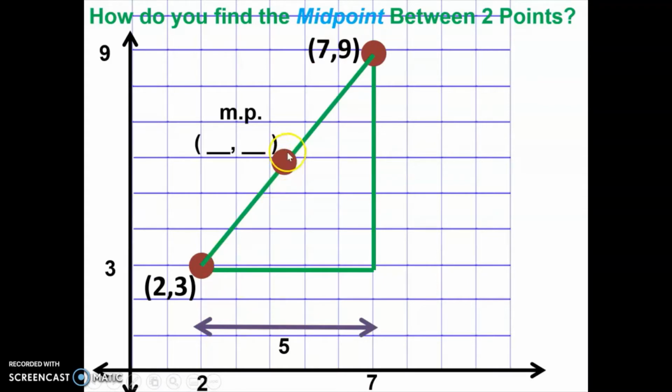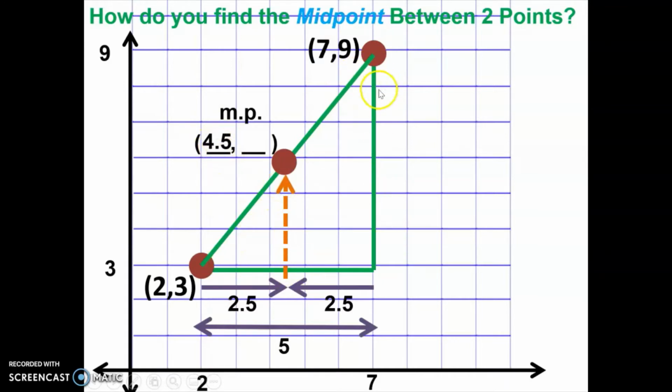If this whole distance is 5, then the midpoint must be 2.5 units from each end. 2.5 units from 2 brings us to 4.5, or 2.5 units back from 7 brings us to 4.5 as well. So this value here must be 4.5. That is the middle of that segment.